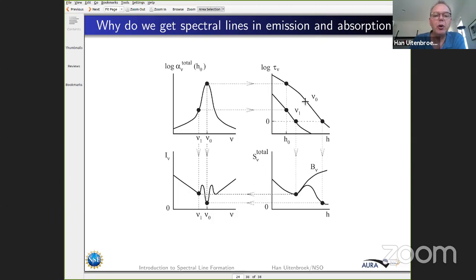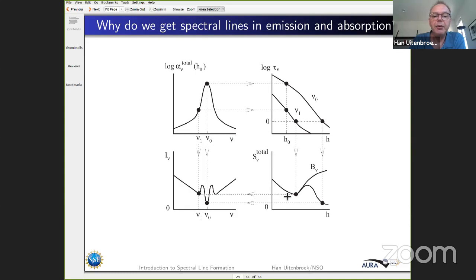And we have two opacity curves, one for the high opacity or optical depth of the line core and one for the wavelength here.